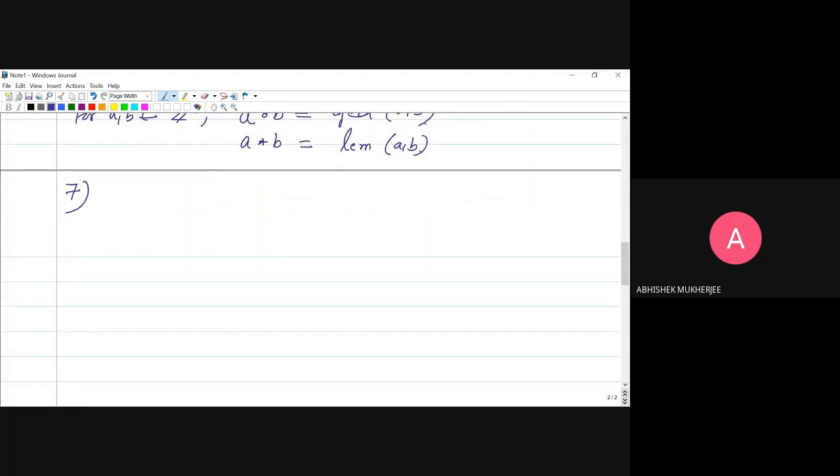In example 7, let us consider the power set of a set X. In this power set, you can define many operations. And what are those? You have already seen these operations whenever you started to study set theory.